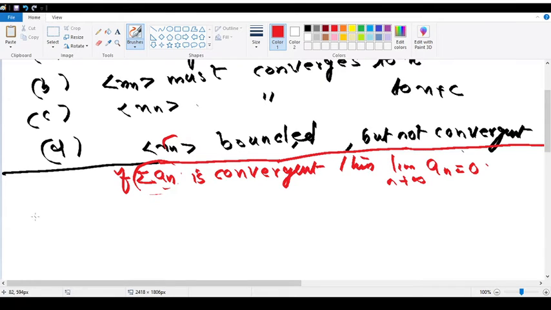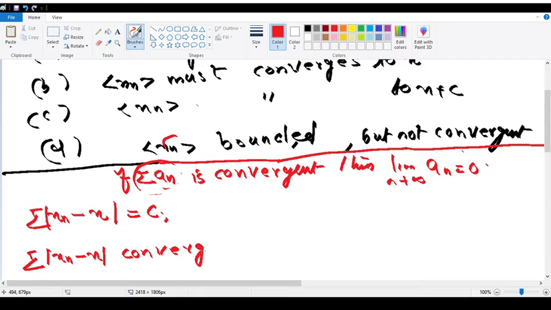So here given that summation modulus xn minus x equal to c. So what is the meaning? This sum will be a finite value. Therefore, this series mod xn minus x is convergent, isn't it? Therefore, using the above theorem, we can conclude limit n tends to infinity mod xn minus x equal to 0.